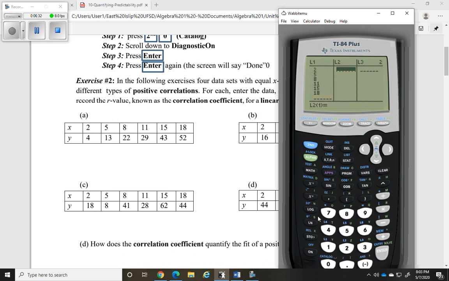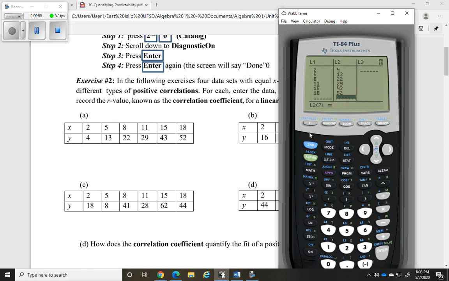So for part A, I see a 4, 13, 22, 29, 43, and 52. Let's first take a look at that scatter plot.